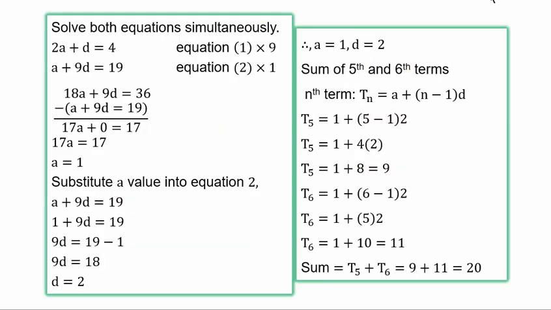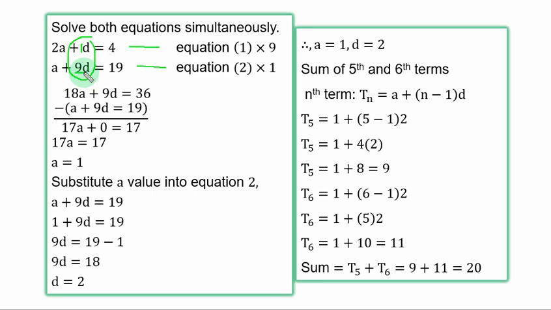The solution continues. You have equation 1, equation 2. I want to solve by the method of elimination, and I want to eliminate variable D. To achieve that, the coefficients need to be the same in both equations. Here it is 1. Here you have 9.